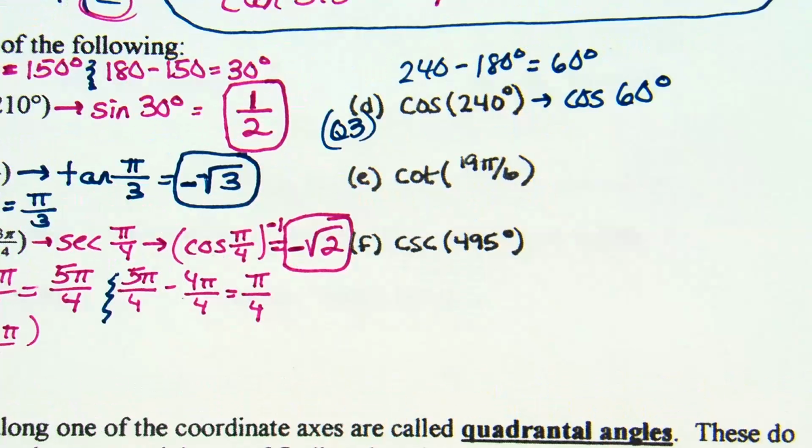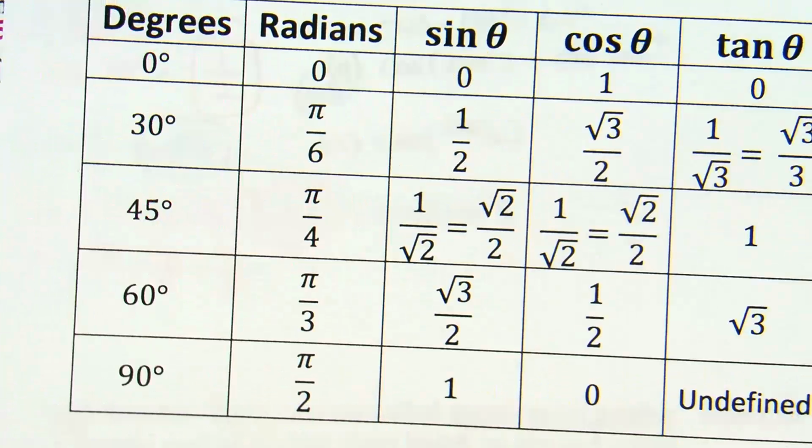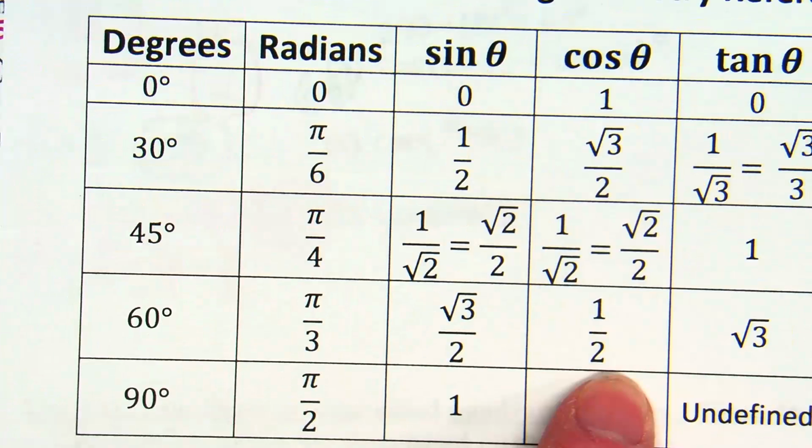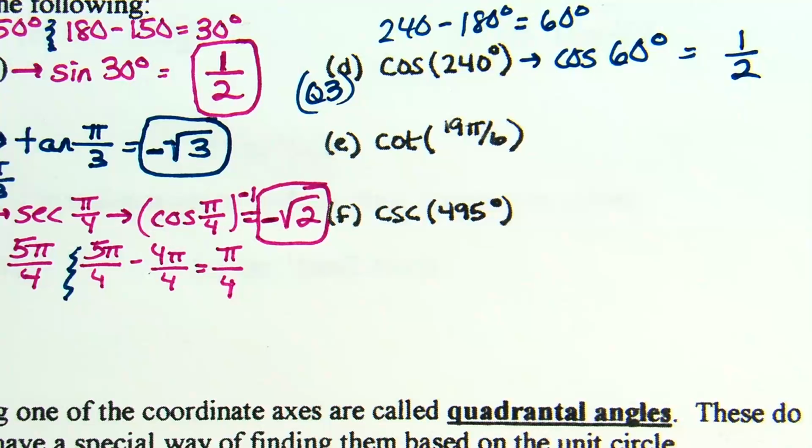Flip back to your chart if you need to. So cosine of 60. What was cosine of 60 according to our chart? Cosine of 60 is one half, right? Cosine 60 is 1/2. So here we're going to say 1/2.